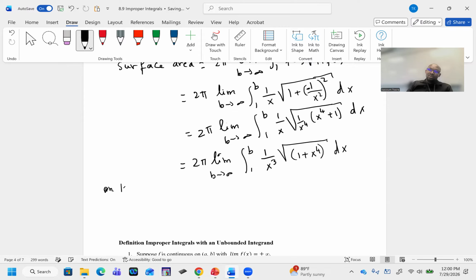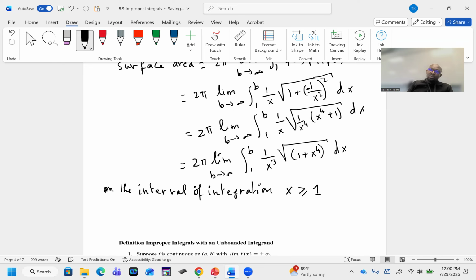Okay, let me write this so you can take it. On the interval of integration, we know x is what? Positive, right? x is greater than or equal to 1.